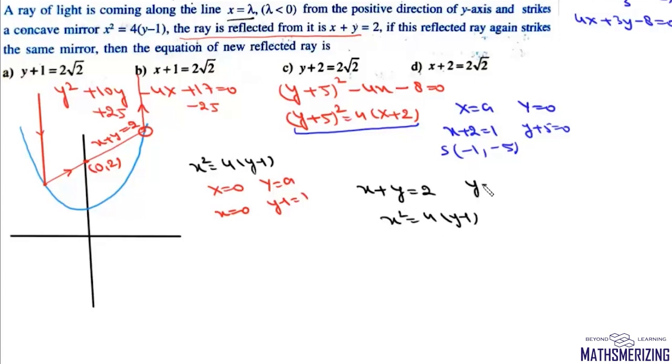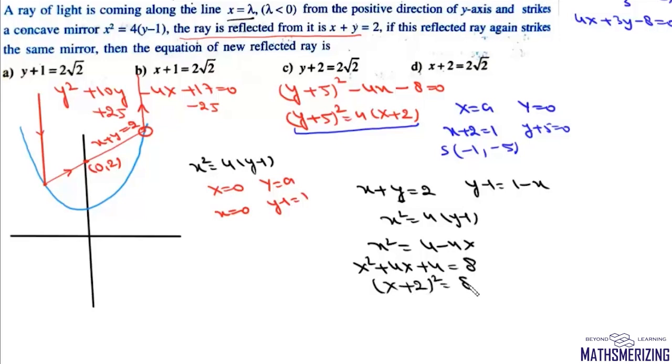Now we'll write y minus 1 as 1 minus x. So we'll replace y minus 1 with 1 minus x. We'll write this equation as x square equals 4 minus 4x. So it'll be x square plus 4x plus 4 equals 8. So we'll write this equation as (x plus 2) whole square equals 8.